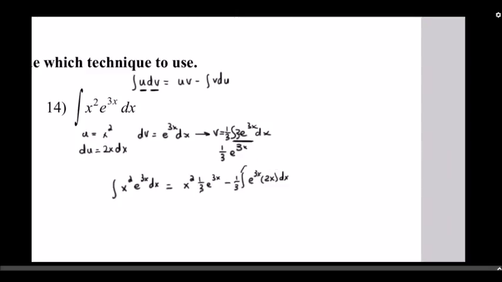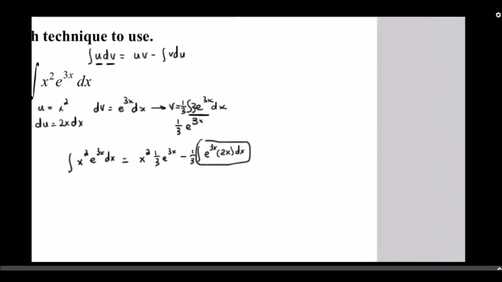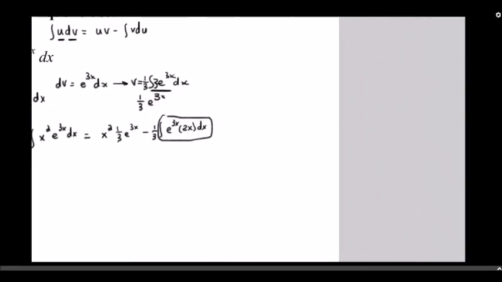So unfortunately, this antiderivative is going to require its own little integration by parts. So we need to choose a u and a dv.